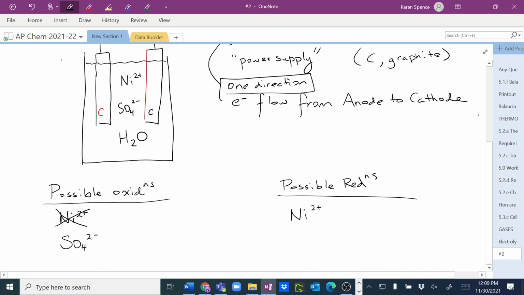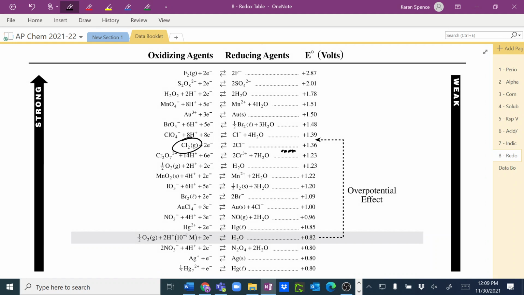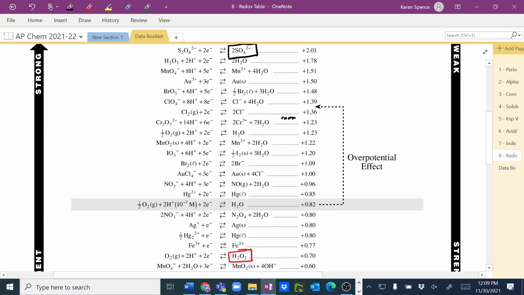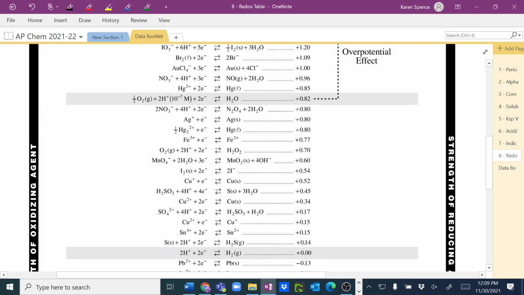Let's see if it's possible for it to get reduced. Let's see, we had the SO4 2- here. I feel like it's somewhere else. Or maybe I'm wrong. Oh, here it is. However, this SO4 is not the only reactant there.